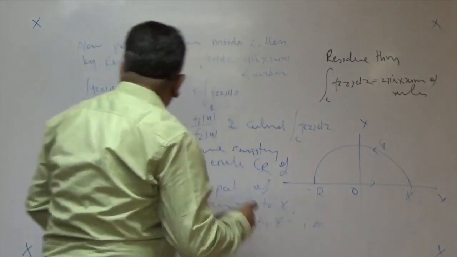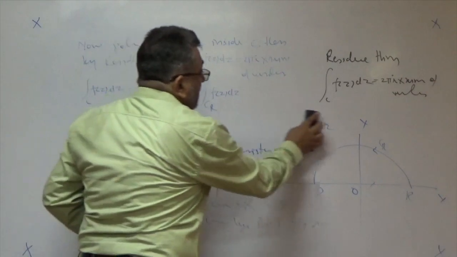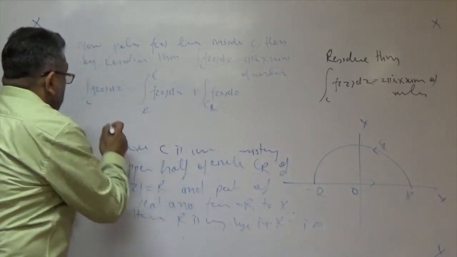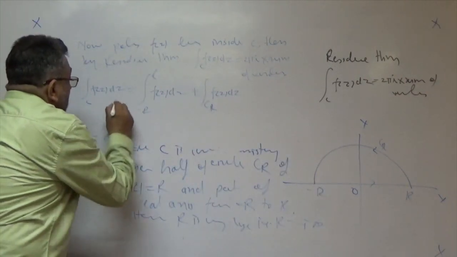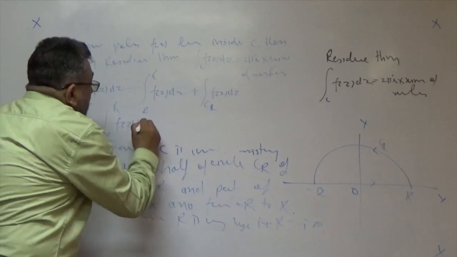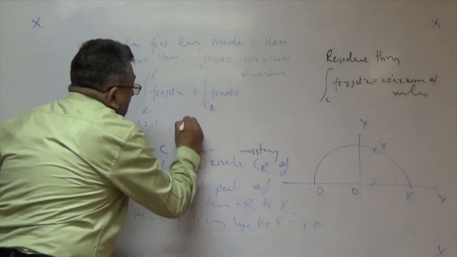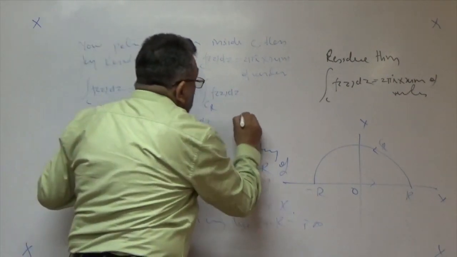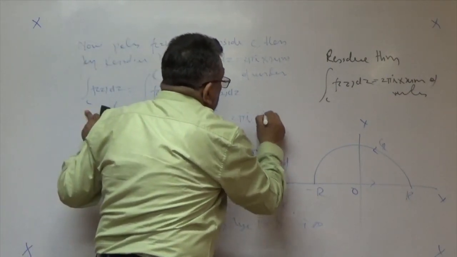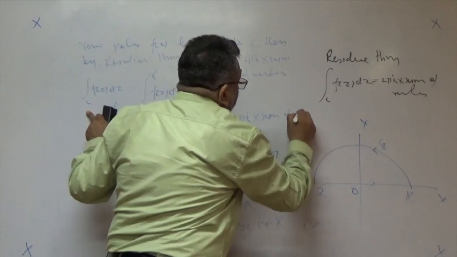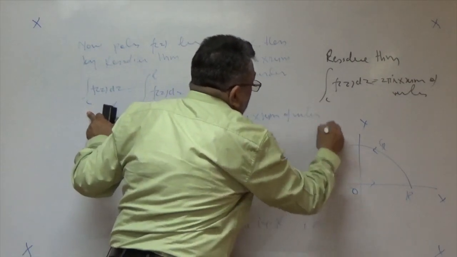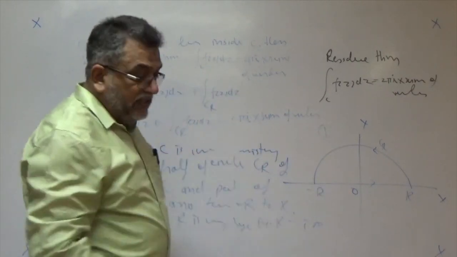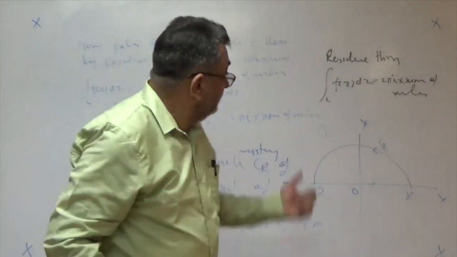So we have an equation like that: the integral from minus R to R of f(z) dz plus the integral over CR of f(z) dz, and the left-hand side integral is equal to 2 pi i into the sum of residues. We take this as the first equation.